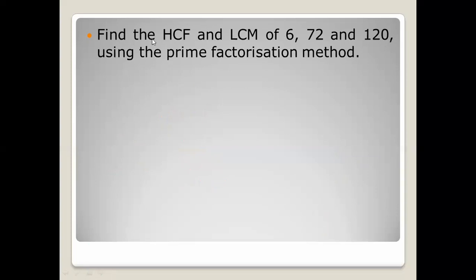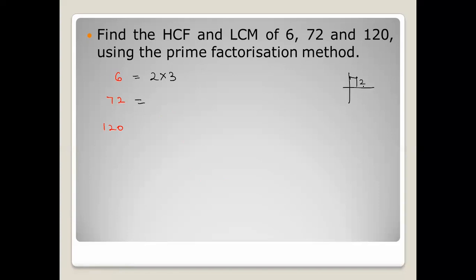Now again we have to find the HCF and LCM of these three numbers using the prime factorization method. So we are having 6, 72 and 126. We know that 6 is 2 into 3. 72, let us find out 72.